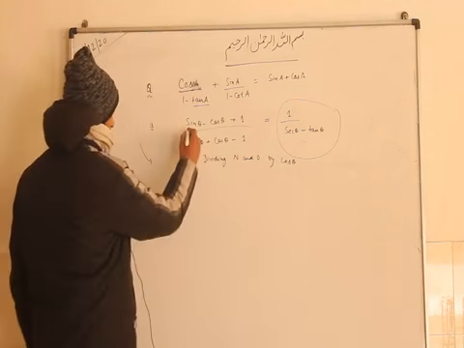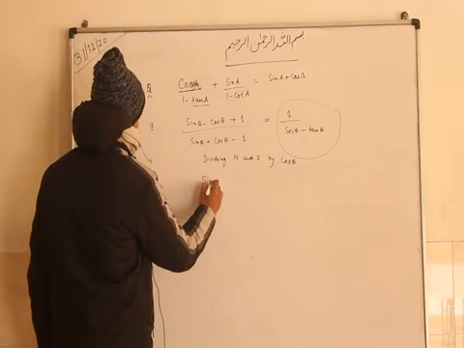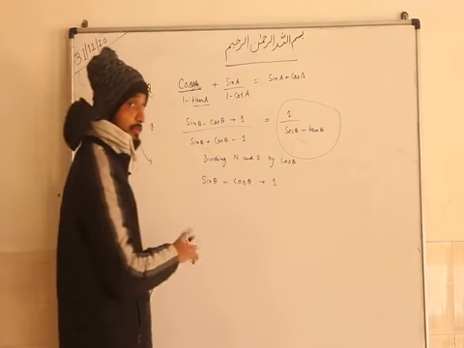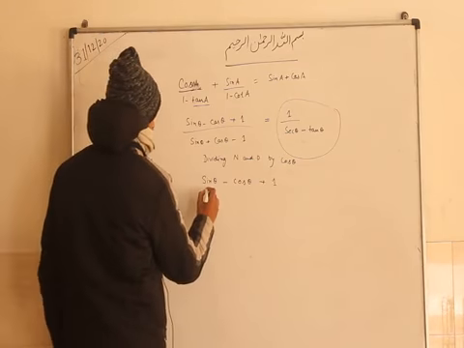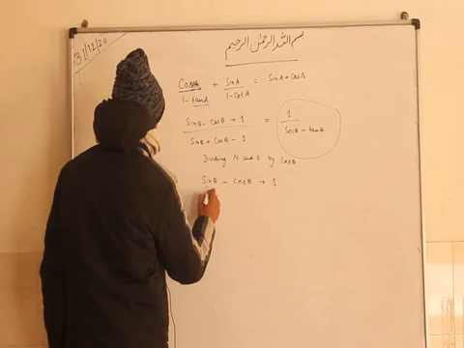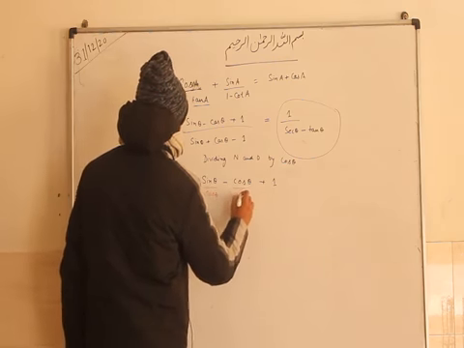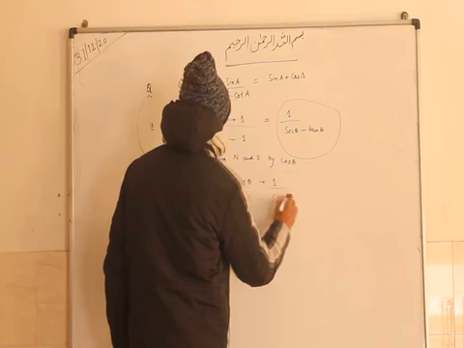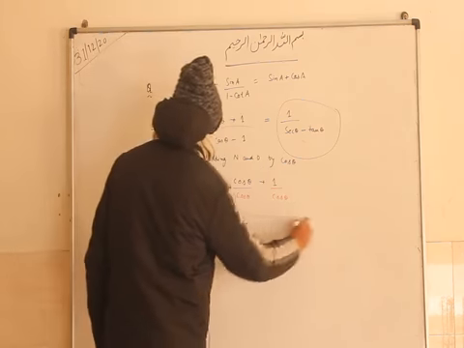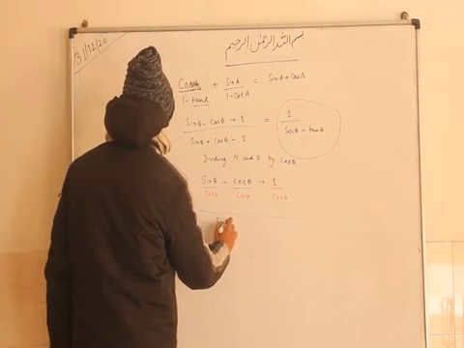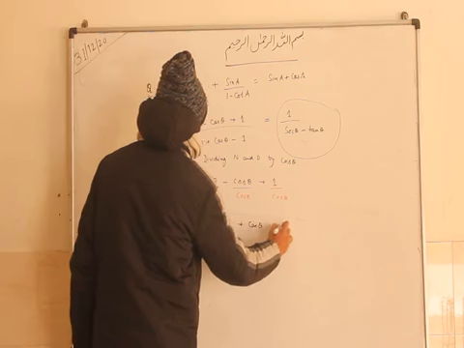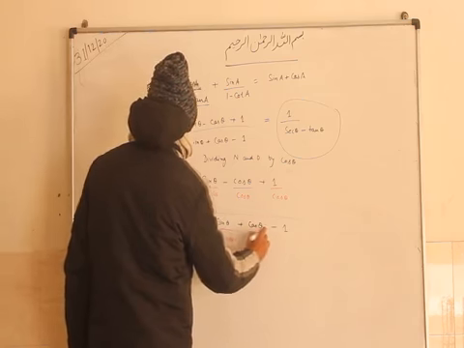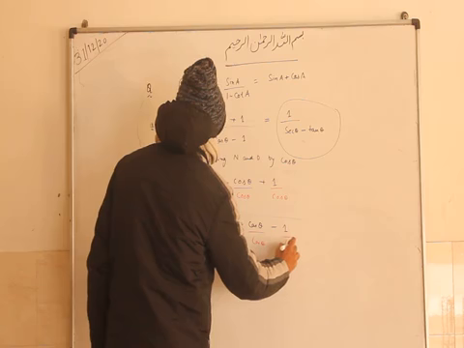Fine. So let's see this. This is sin theta minus cos theta plus 1, and we are dividing by cos theta. Similarly here, sin theta plus cos theta minus 1, dividing by cos theta.